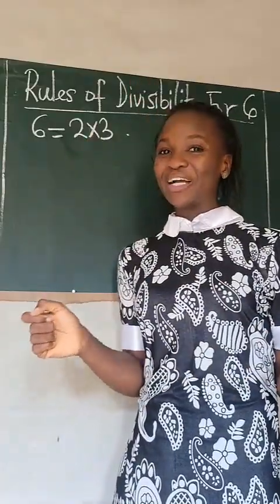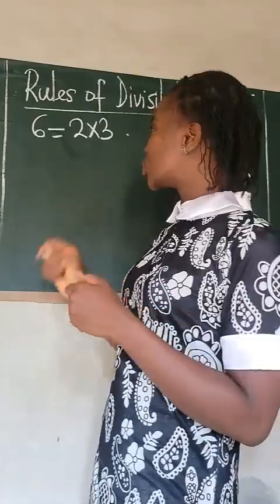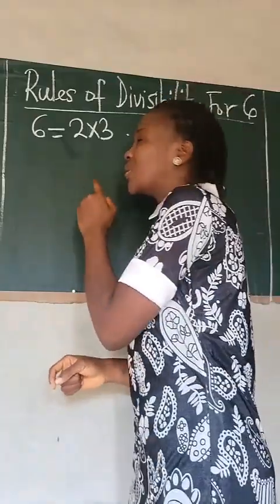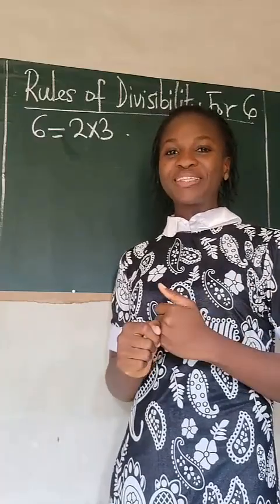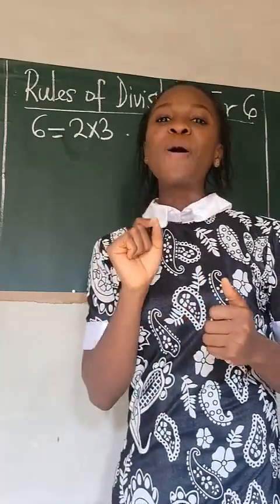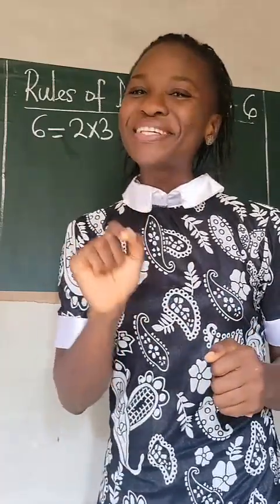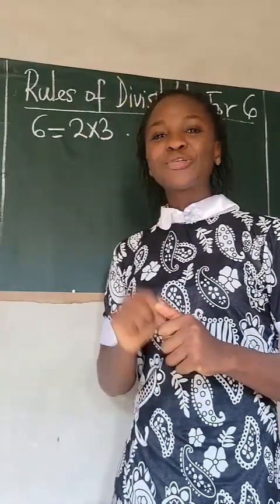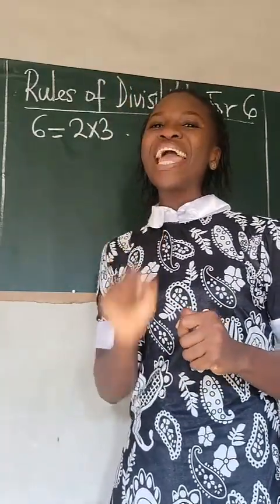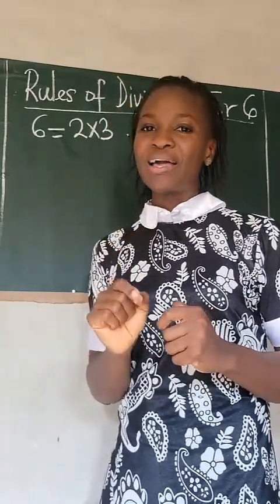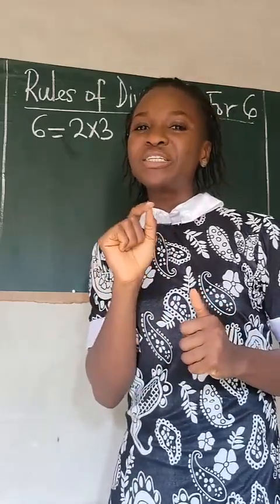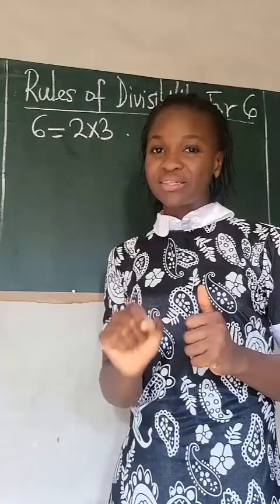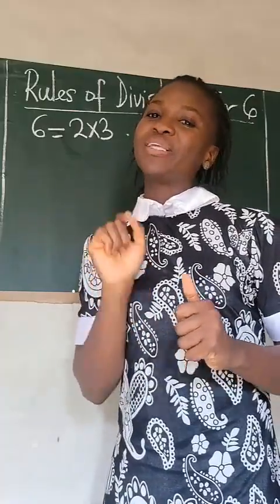Can you now see that it's actually the combination of the rules of divisibility of 2 and 3? Let me reiterate that. For a number to be divisible by 6, such a number must end with an even number and the addition of each digit of that number must be divisible by 3.